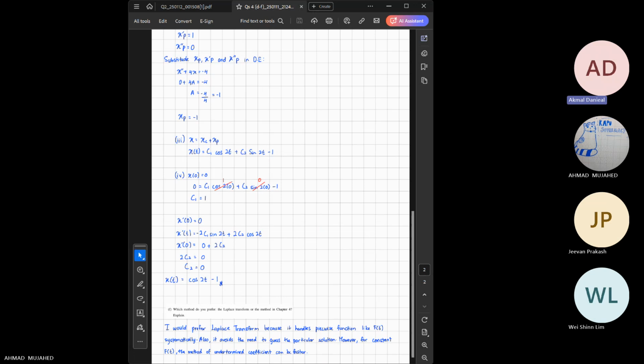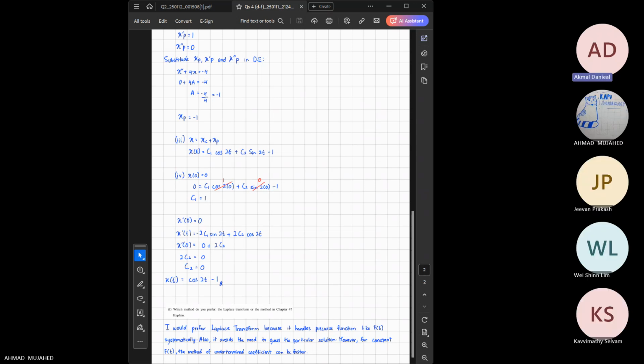Also, it avoids having to guess the particular solution for constant f(t) in the method of undetermined coefficients, so it can be faster. So I think that's all about question 2. Maybe my presentation is not too good, but that's what I understand and I can answer questions about it. Thank you, guys.